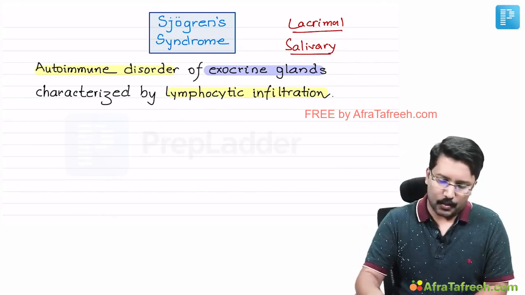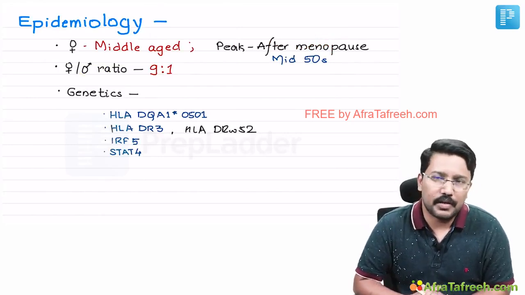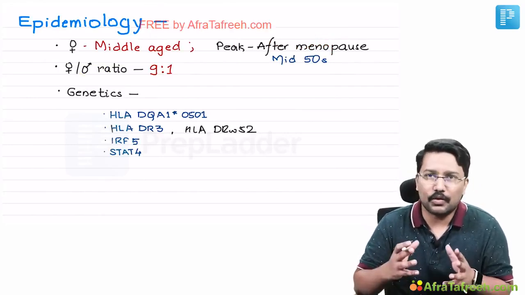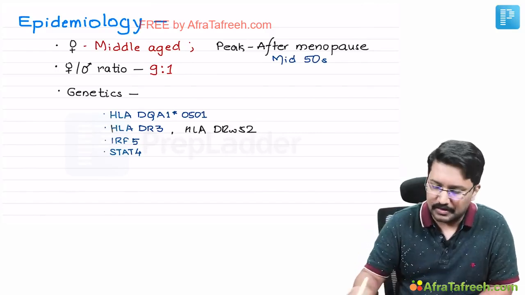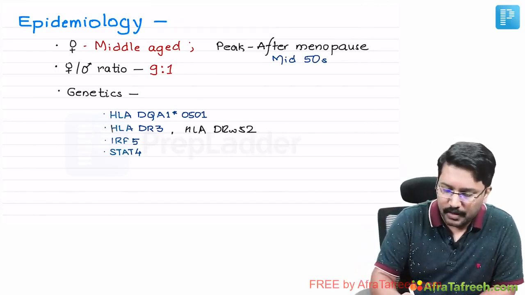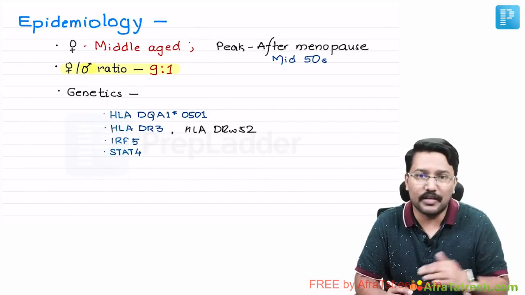Now if you look at the epidemiology of this disease, one thing becomes very clear: this is primarily a disorder of females. For every one male affected with Sjogren's syndrome, there are 9 females, so the female to male ratio is 9:1.